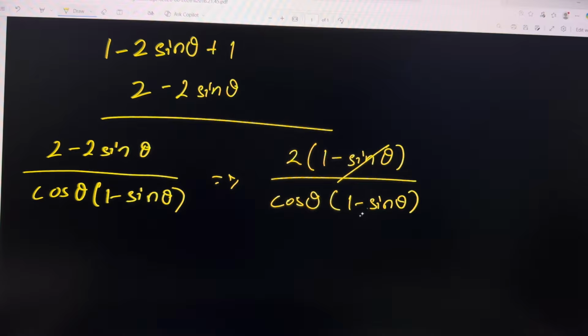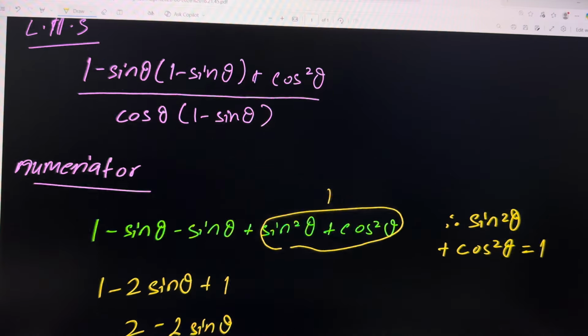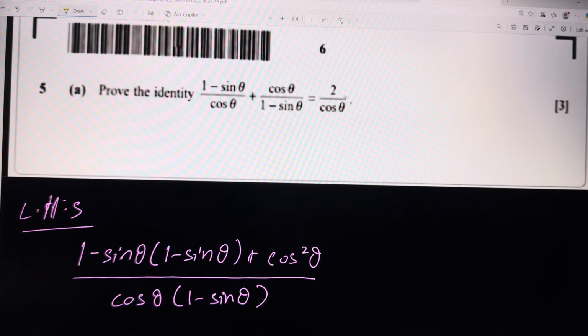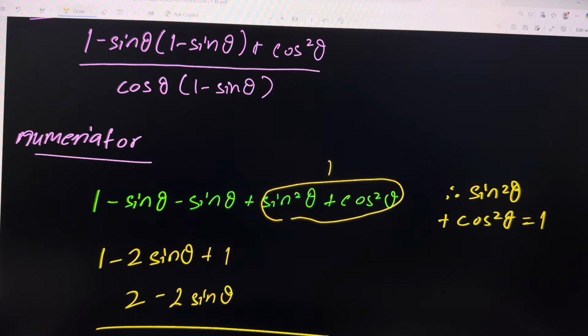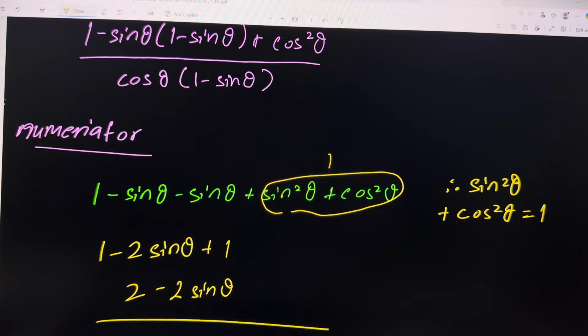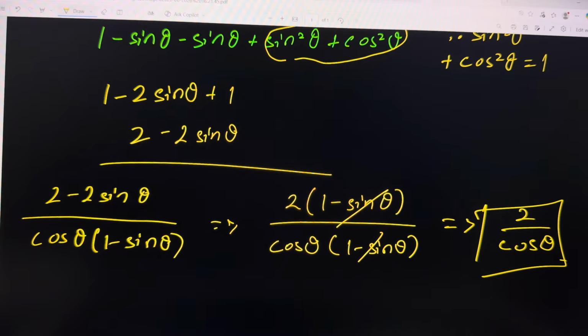So this cancels with this and we get the answer 2 upon cos theta, hence proven. It isn't that hard, but when you keep the denominator unsimplified, it becomes very easy, and you just have to know this single identity, we don't need to know the tan one.